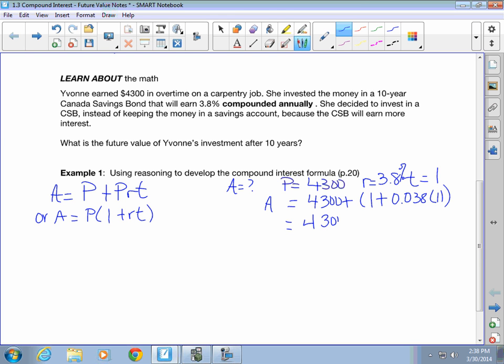So this is 4,300 times 1.038, which is 4463.40.